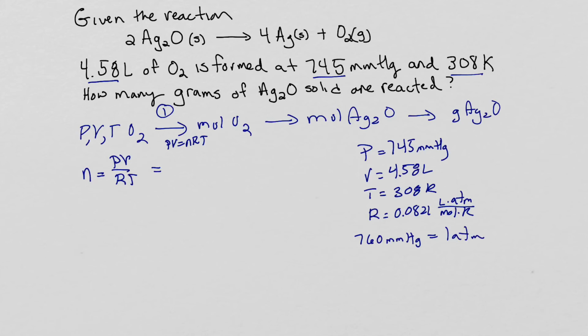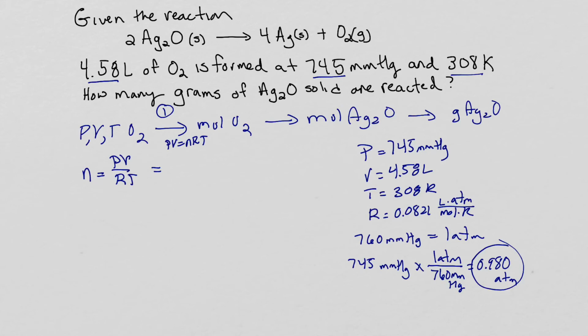So if I have 745 millimeters of mercury times 1 ATM over 760 millimeters of mercury, I can do my conversion, and that tells me that I have 0.980 atm as my pressure.